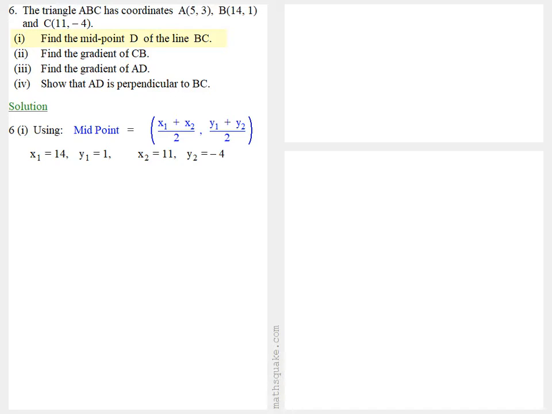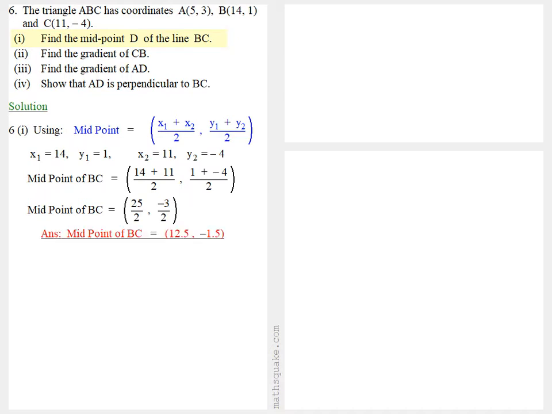And we can substitute that in the midpoint formula. So the midpoint of BC is (14 plus 11) over 2, (1 plus minus 4) over 2, which is equal to 25 over 2, minus 3 over 2, and so the midpoint is (12.5, minus 1.5).